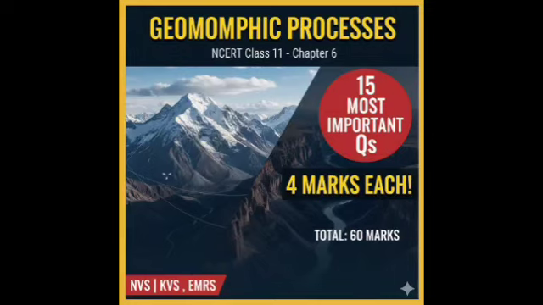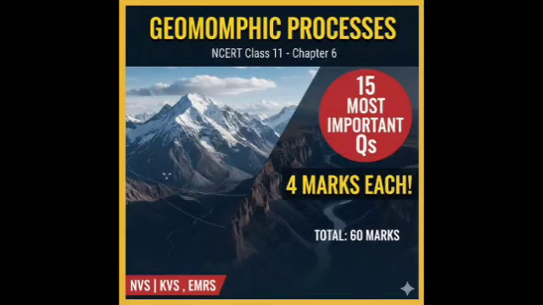Question number 3. Explain the mechanism of volcanism and differentiate between shield and composite volcanoes. Magma is formed deep inside. In case of volcanism, it rises due to buoyancy through vents and erupts onto the surface as lava, ash and gases.